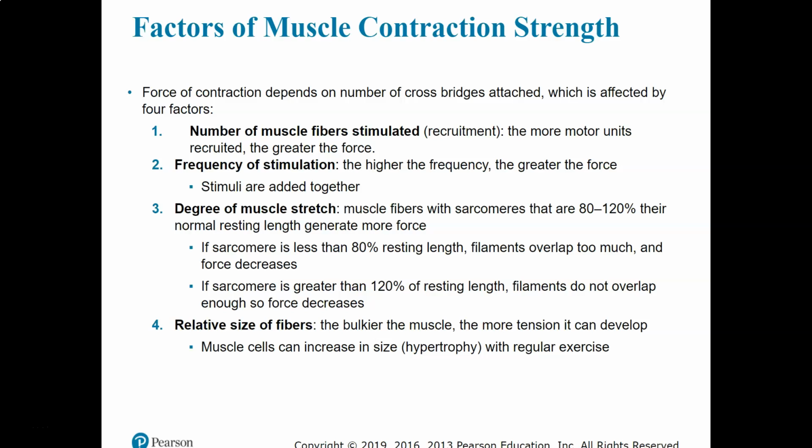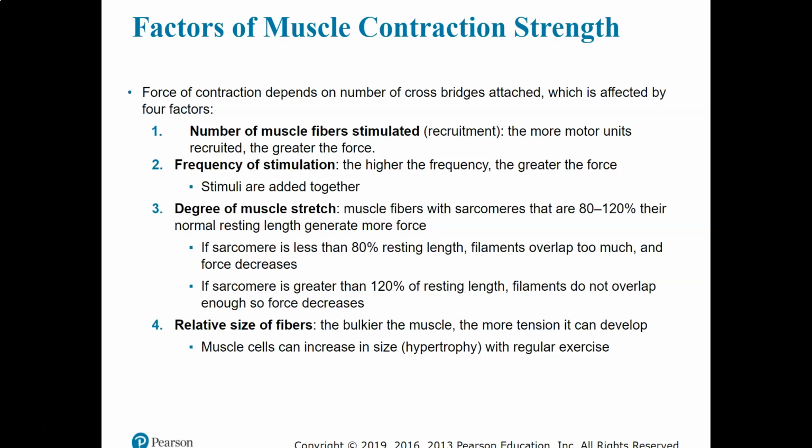How stretched out is the muscle? Muscles work best when they are between 80 and 120% of their normal resting length. Just for an example, if a muscle's normal resting length is 10 centimeters, it works well if it's being stretched or compressed to 8 to 12 centimeters.